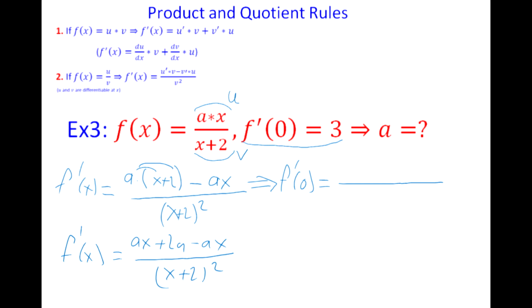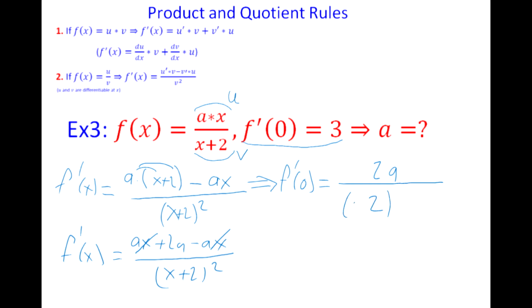And here, if you see, we have ax, and those are gone, so we have 2a divided by (x plus 2) squared. So here, guys, if you put 0 instead of x, then we're going to have still 2a in the numerator, and in the denominator we're going to have 0 plus 2, which is 2, right?